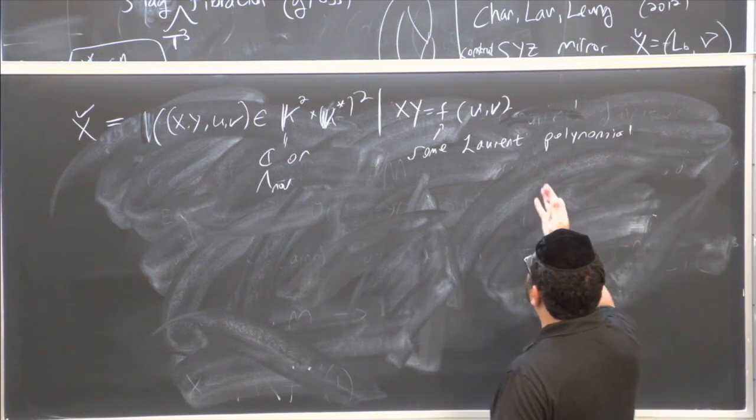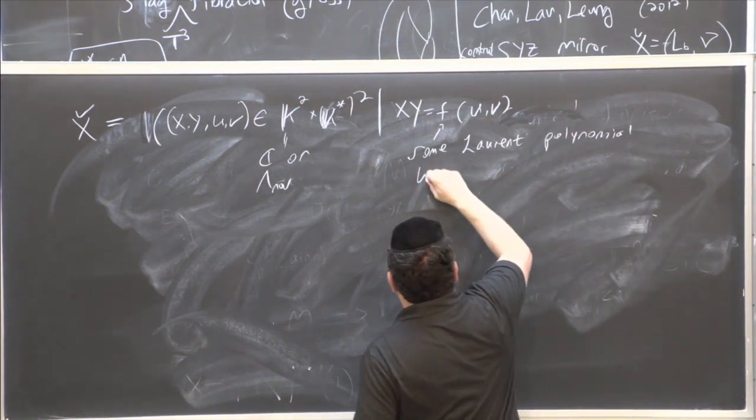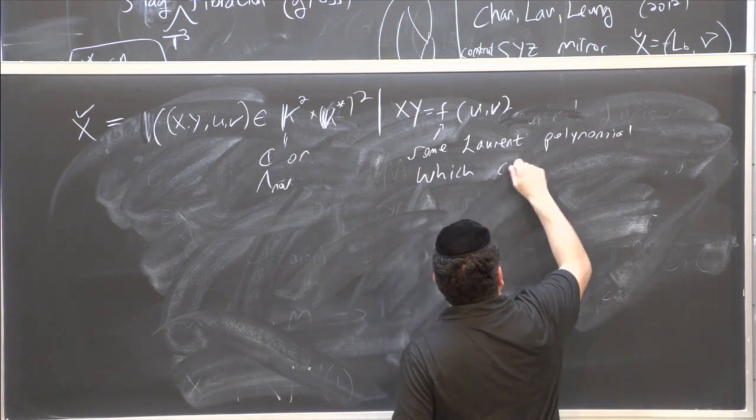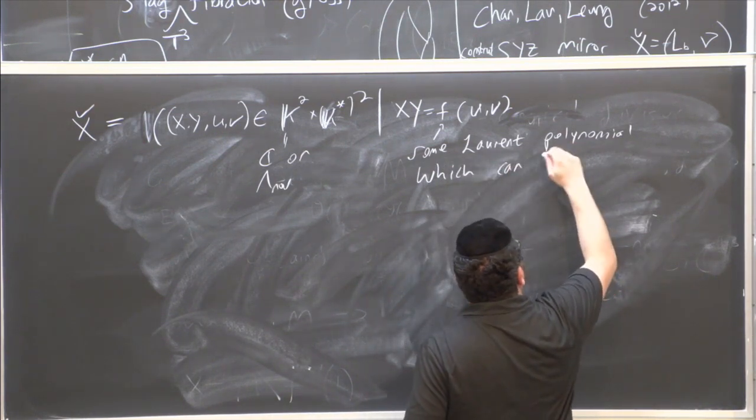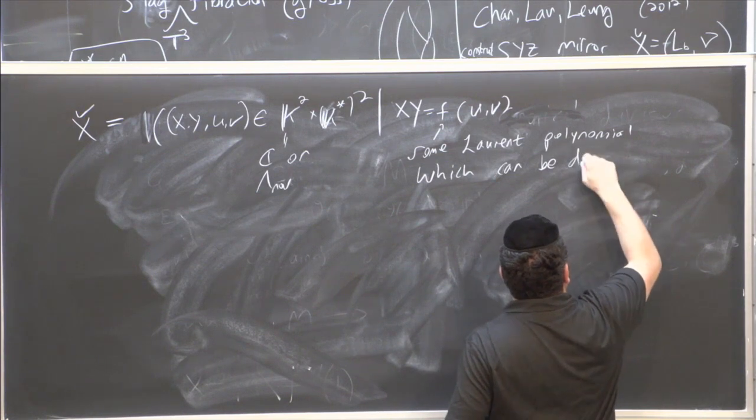which can be described in terms of the toric diagram.